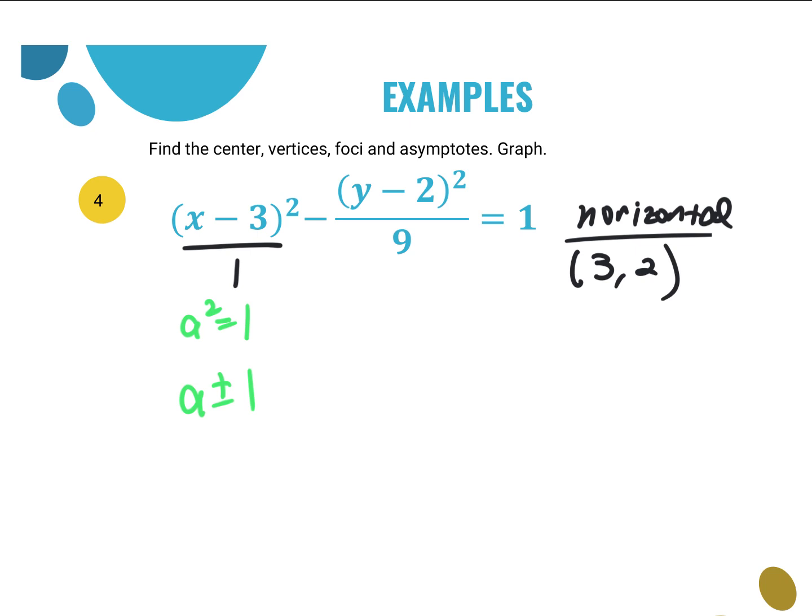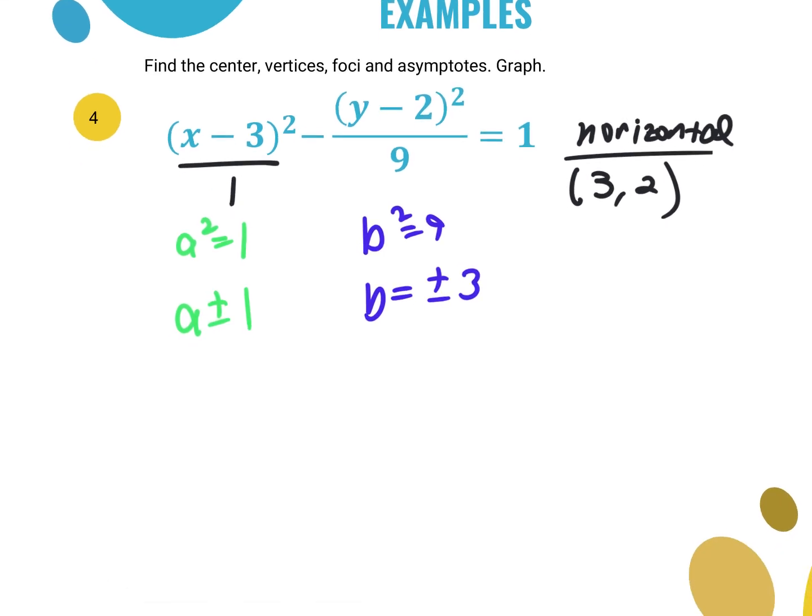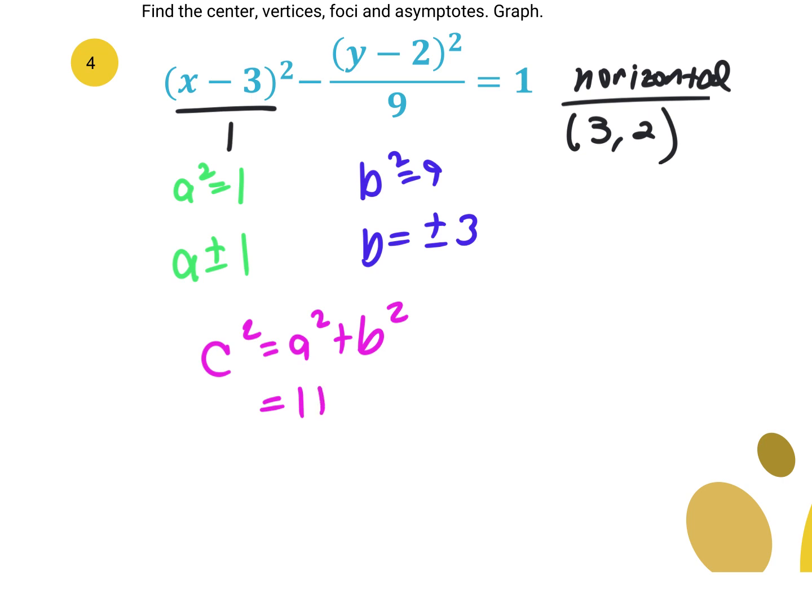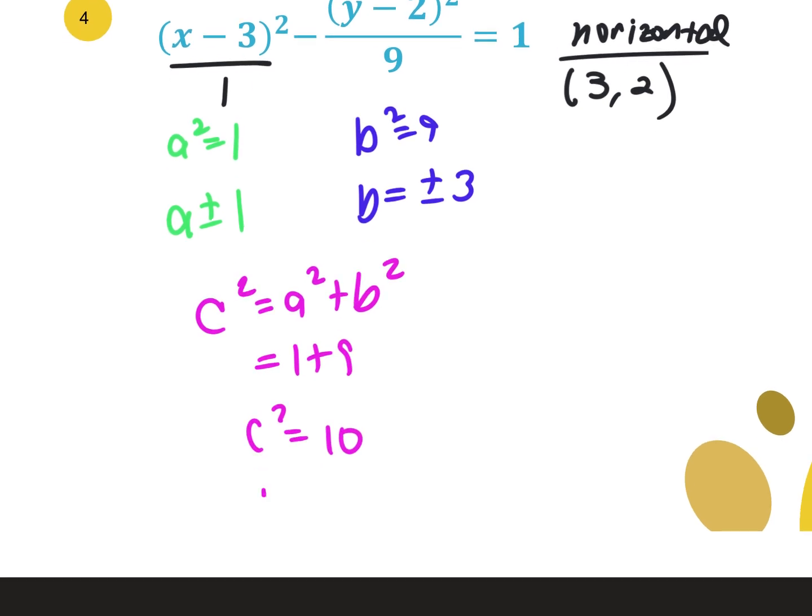What's your b squared? So b is plus or minus 3. Good. And then your c. How do we find c? c squared is a squared plus b squared. So 1 plus 9. c squared equals 10. So your c value is plus or minus square root of 10.